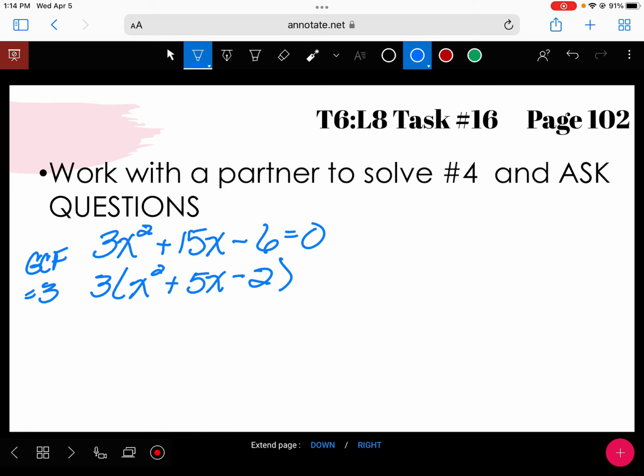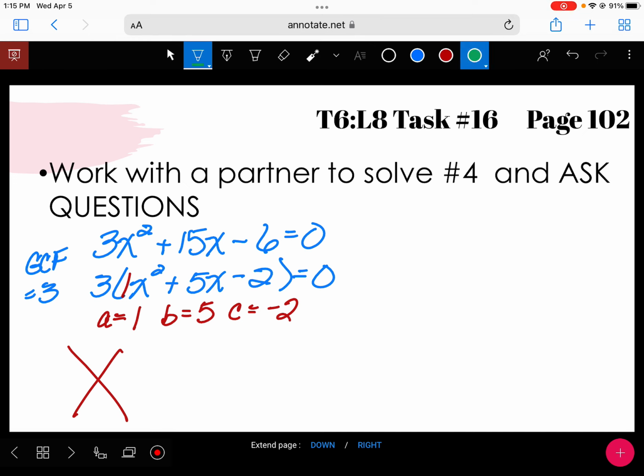Everybody should be trying to work the problem. Well, what are you finding out?